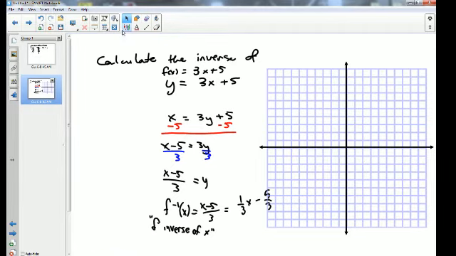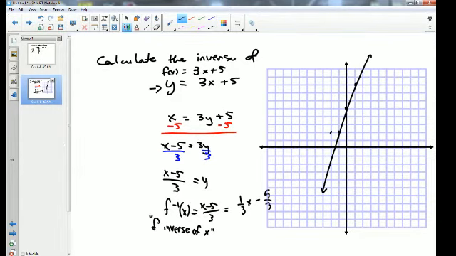Okay, so let's graph that one. Nope, wrong dot.